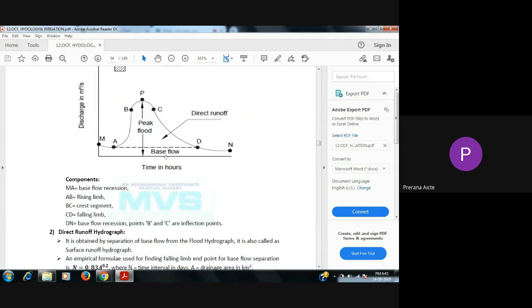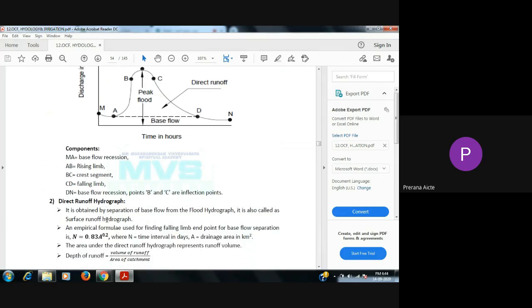If you separate the base flow from the total hydrograph, you get direct runoff. This is the base flow, this is the total hydrograph, and if you separate them, the hydrograph obtained is called the direct runoff hydrograph.